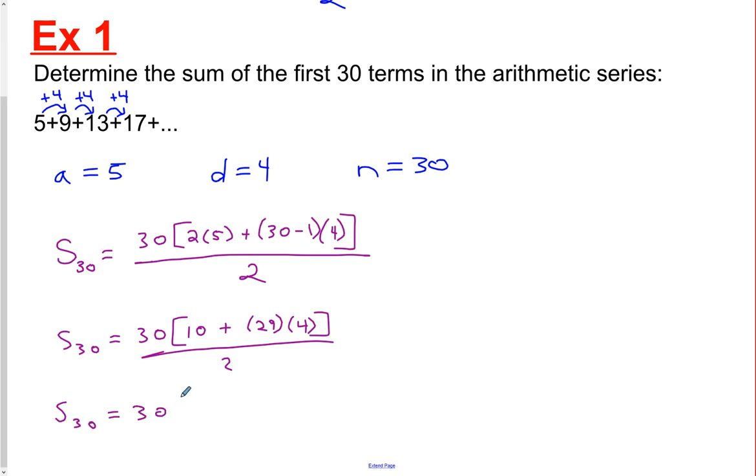We're still dealing with what's in the brackets. 29 times 4. I guess that's the same as 30 times 4 minus 4. So 116. And all that divided by 2.